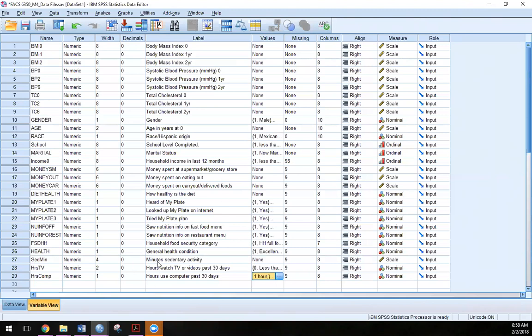So you could ask, is the minutes of sedentary activity significantly different between groups that watch different hours of TV? If you have questions about this data set or you're not really sure how things fit together, just let me know.